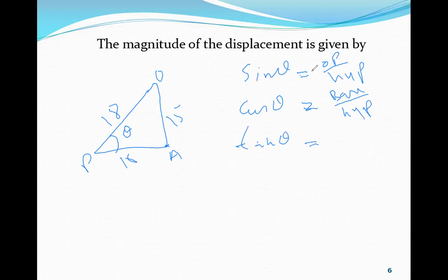Then what about the tan? Opposite over adjacent. Okay, now we have all the three sides. If you want to apply the sine theta, then you can calculate the theta, or you can put the cos, or the tan. For example, I want to put sine here.